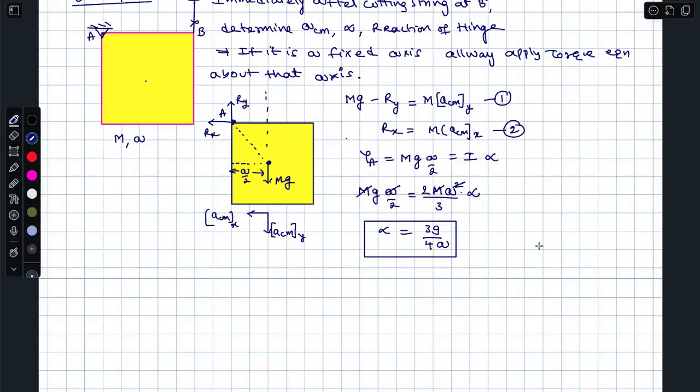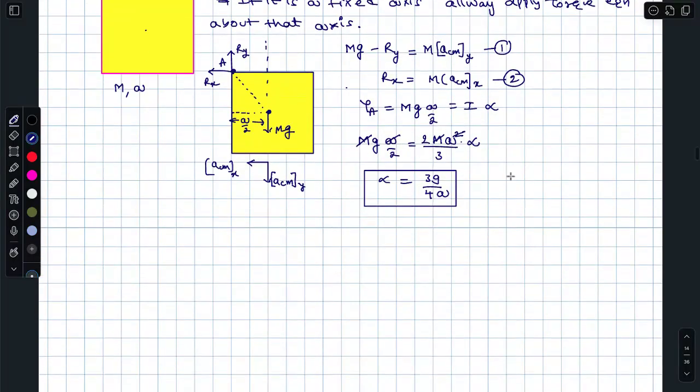Right, so you got alpha. Remember ACM is R alpha. What is R here? R is nothing but a by root 2. So a by root 2 alpha.